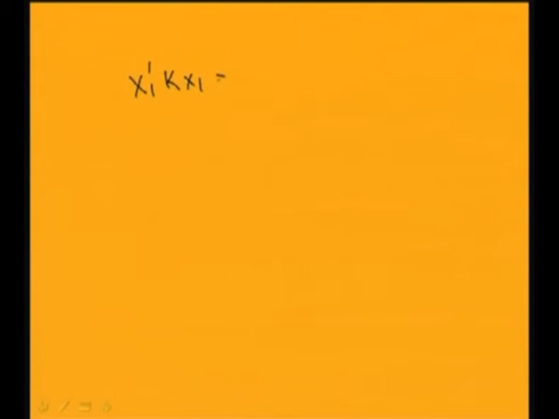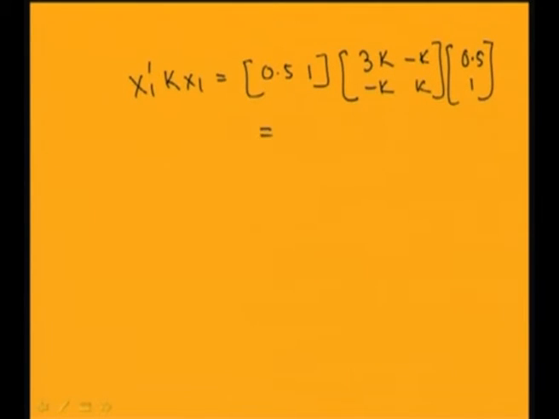So to find the generalized stiffness matrix I can write it in this form, x1 dash K x1. So this is equal to 0.5 1 into, so the stiffness matrix is 3k minus k, minus k k, and I can multiply this with the vector. So this is equal to 0.5 1. If you multiply this, you are getting it equal to 0.75k.